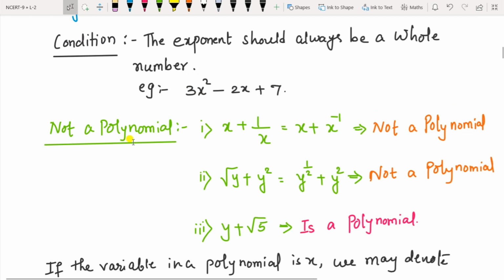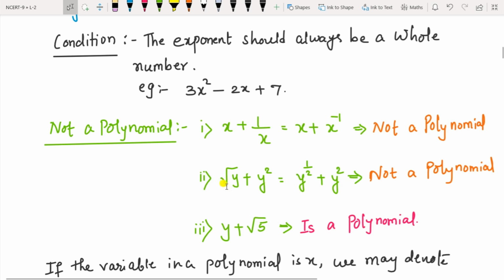Now which algebraic expressions will not be a polynomial? For example, x plus 1 upon x. Here if you take x from the denominator to the numerator, it becomes x raised to minus 1. So if the exponent is negative, then the given algebraic expression is not a polynomial.